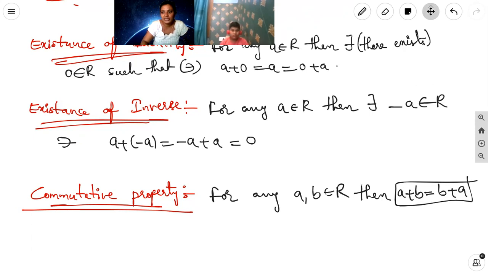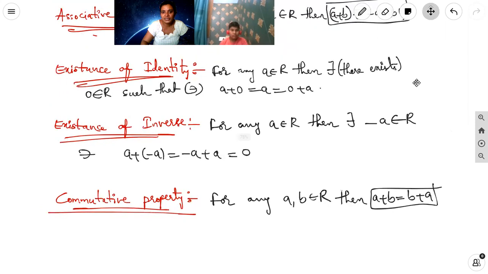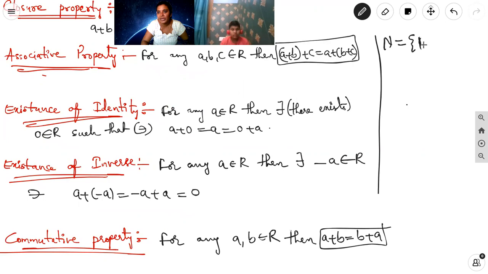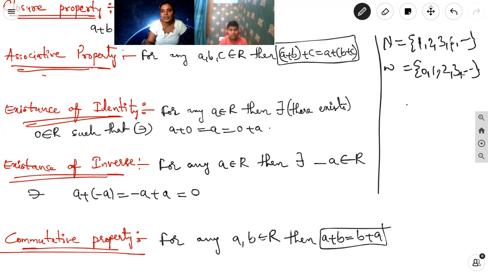Now we are discussing some sets, whether they satisfy these properties or not. Just the general sets: the natural number set N is equal to 1, 2, 3, 4, and so on. Whole number set is equal to the set of 0, 1, 2, 3, and so on.